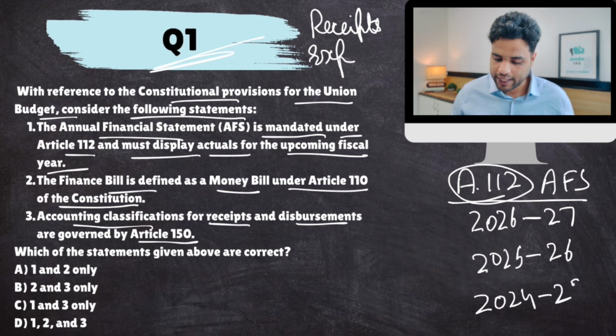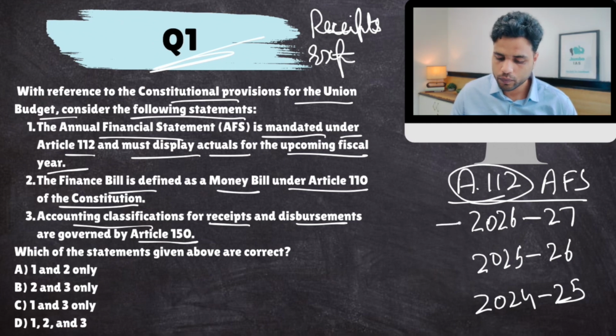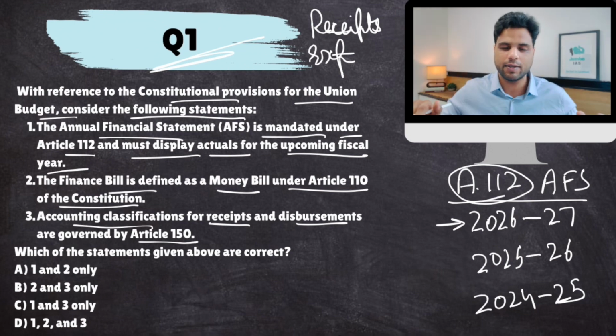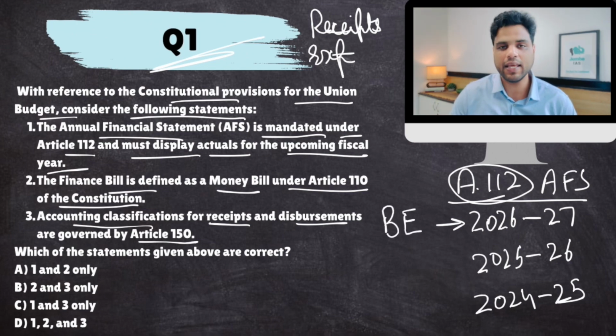So data on receipts and expenditure is provided in the budget document for the upcoming year, current year, and previous year. All the estimates for the upcoming year are estimates because we don't know how much money the government would get or spend, but the government has made a planned estimate. That is known as the Budget Estimate, BE.